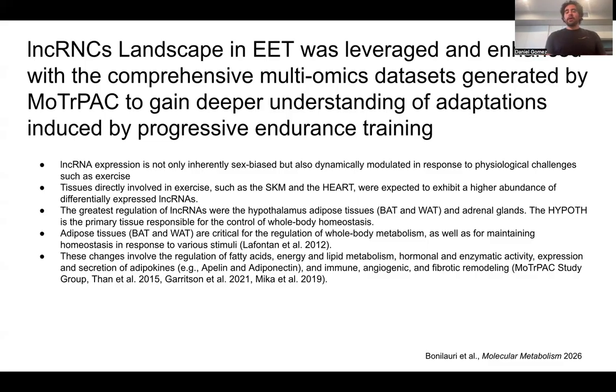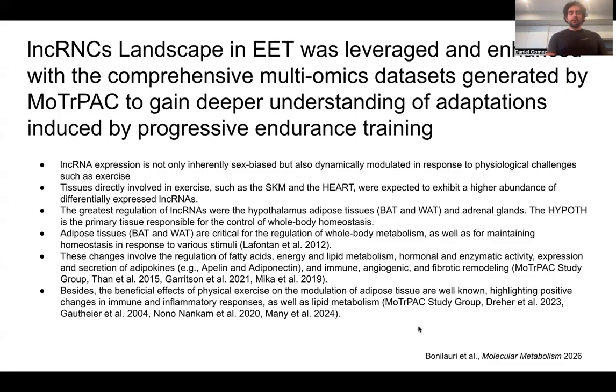And these are all shown by the MoTrPAC Study Group, as well as other studies. So besides this, the beneficial effects of physical exercise on the modulation of adipose tissue are well known, highlighting both positive changes in immune and inflammatory responses, as well as lipid metabolism.